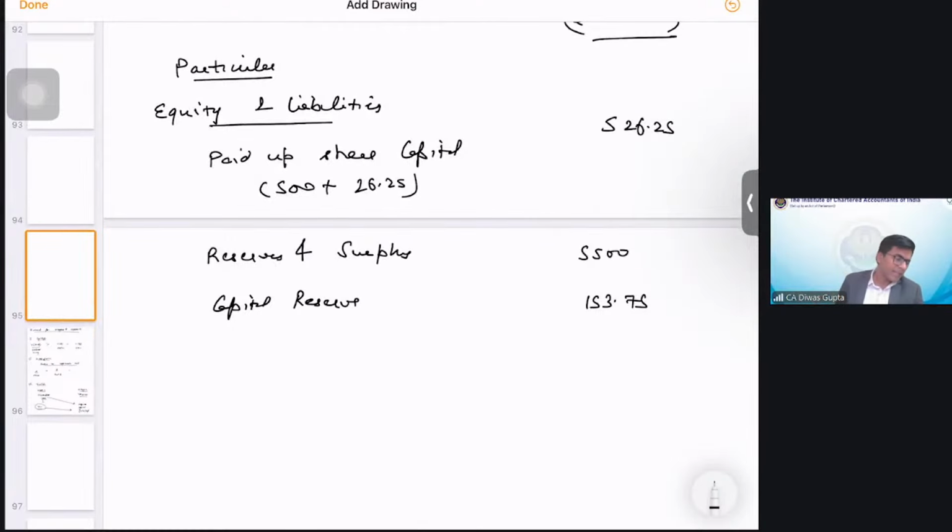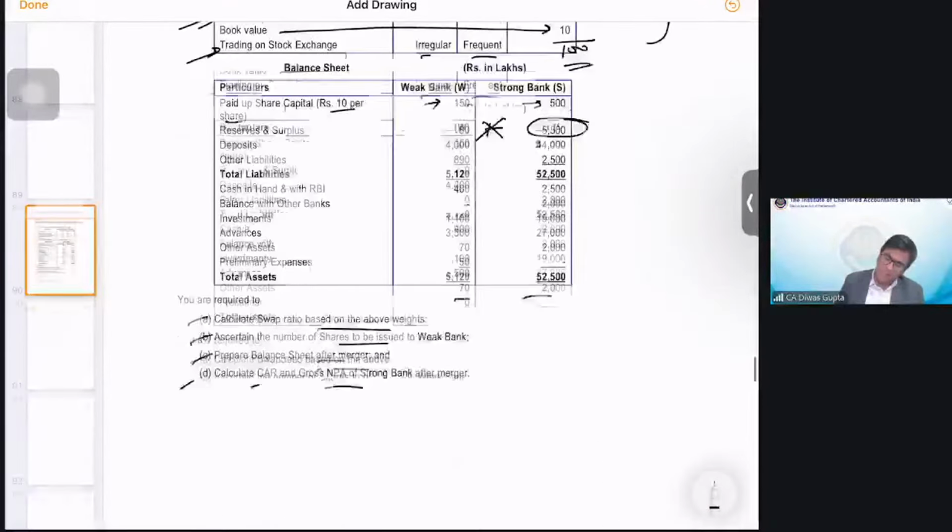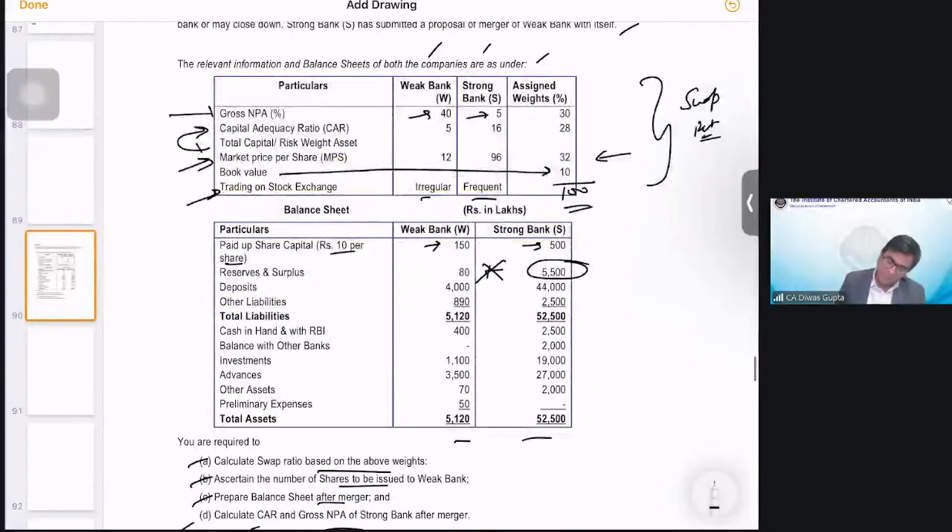Then deposits. The deposits will get totaled, because it's an outside liability.